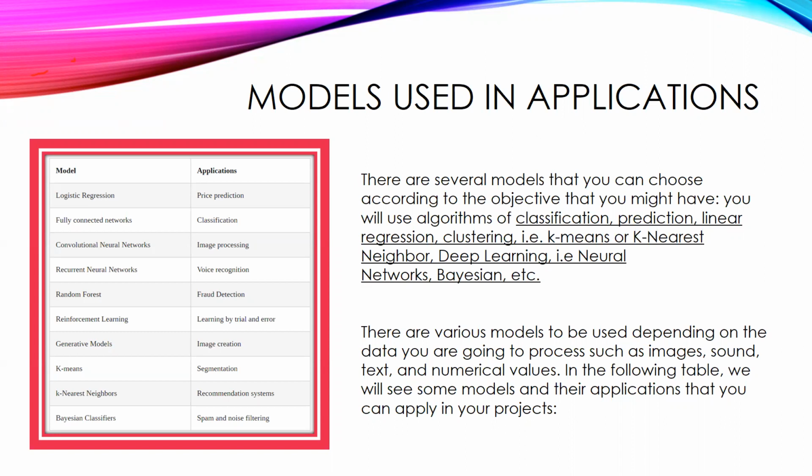Generative models are for image creation. K-means is segmentation. K-nearest neighbors is recommendation systems. The Bayesian classifier is spam and noise filtering, spam email filtering, things like that. So these are some examples of models related to the applications we'll be using.